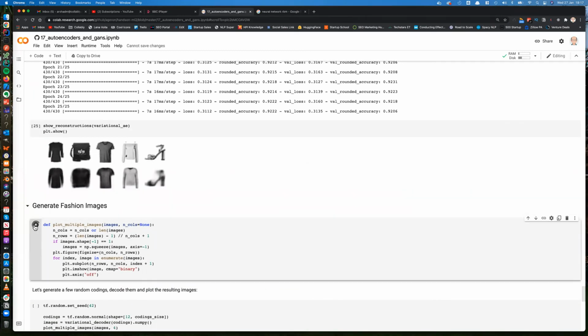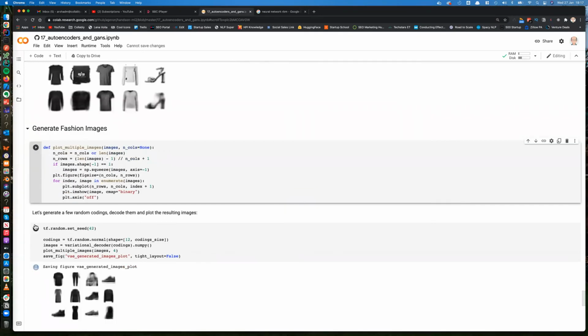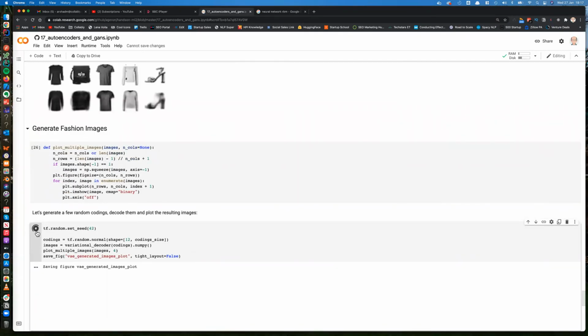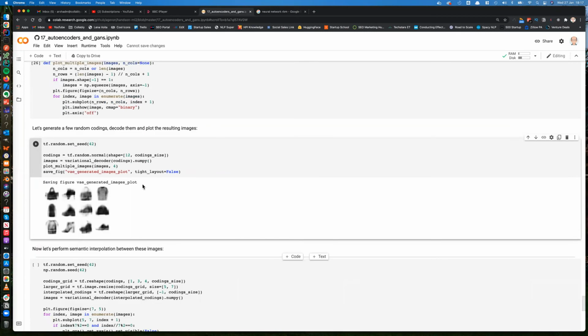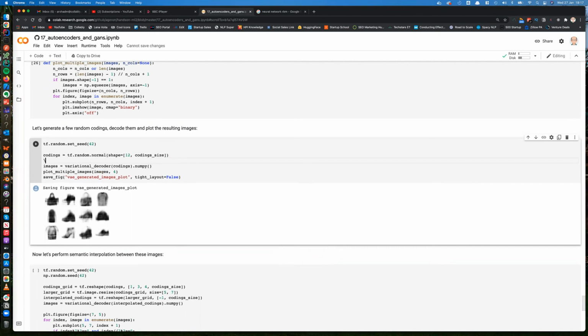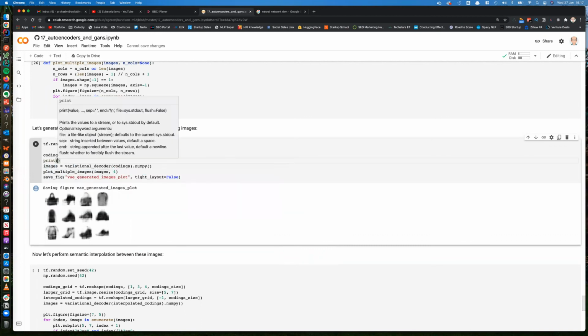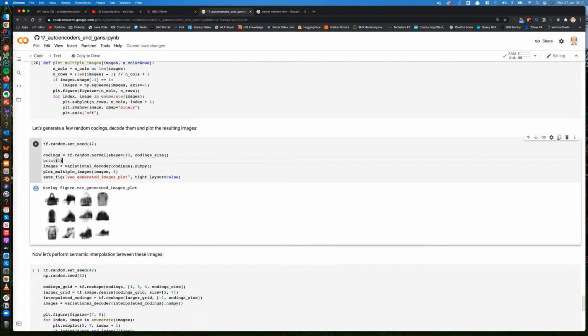Let's run this. Actually, let me just print the codings, because I'm interested in what the codings look like. Are they just 10 random numbers? Print codings.